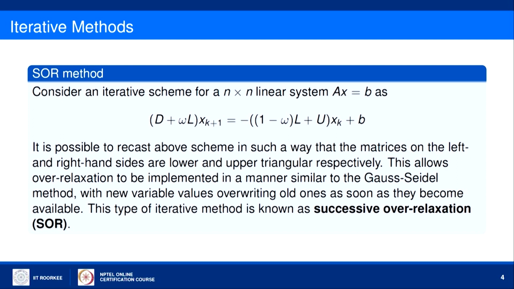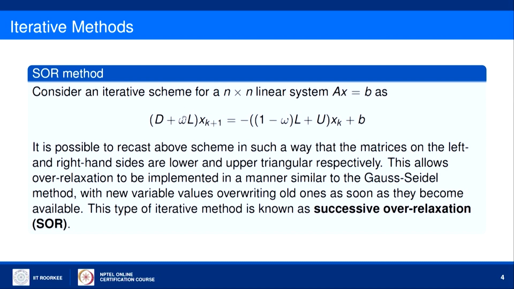Now consider an iterative scheme for an n by n linear system Ax equals b as D plus omega L at x k plus 1 iteration equals minus 1 minus omega L plus U x at k iteration plus b. This is the same thing I discussed in the last slide. It is possible to recast the above scheme in such a way that the matrices on the left and right hand sides are lower and upper triangular respectively.